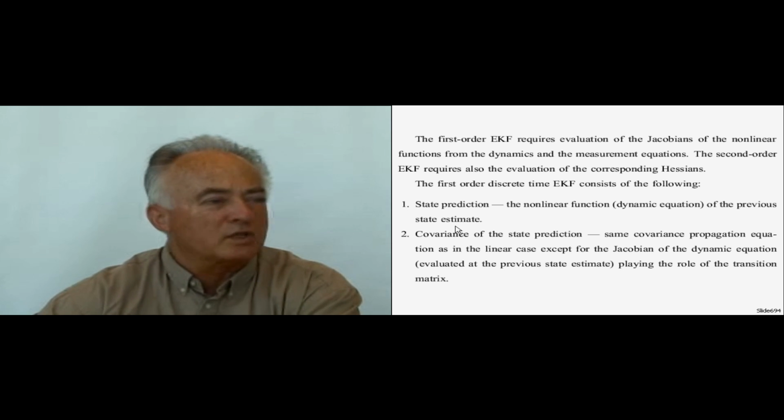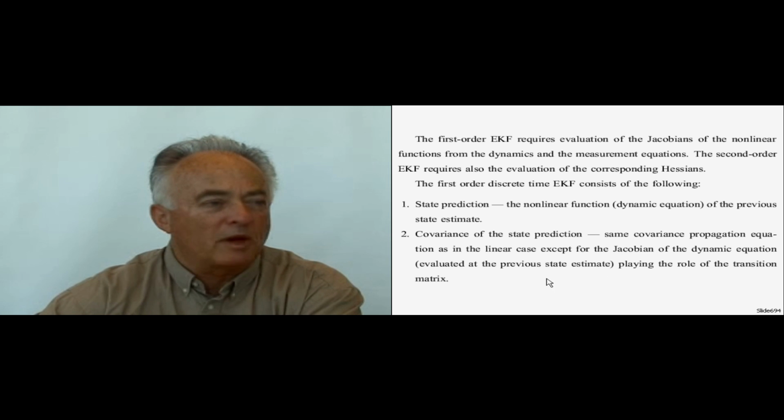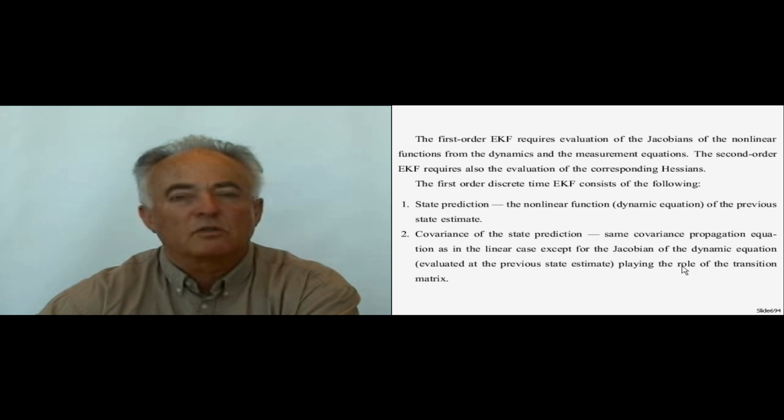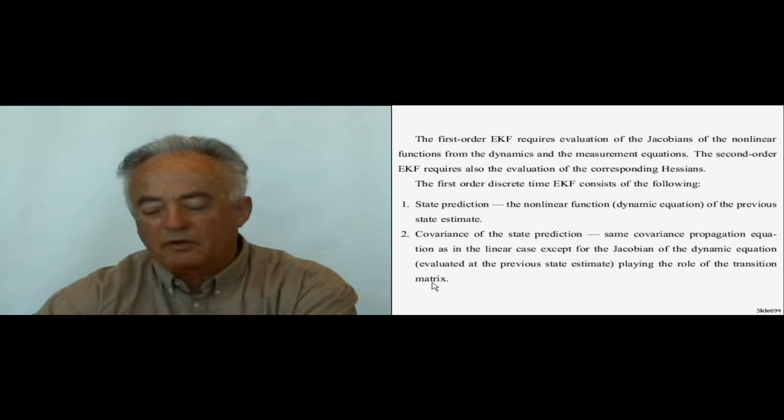There's a covariance of the state prediction that we need. The covariance propagation equation is the same as in the linear case, except that the Jacobian of the dynamic equation, which has to be evaluated at the previous state estimate, will play the role of the transition matrix from the linear Kalman filter.